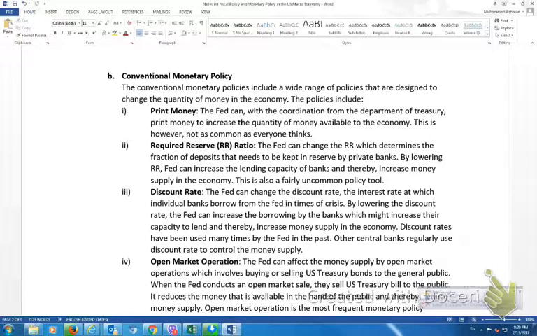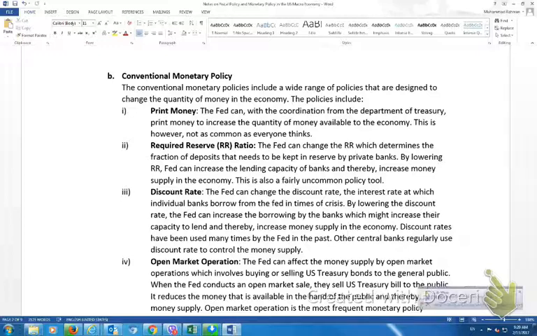The next one is called the discount rate. The Fed can change the discount rate very frequently. The discount rate is basically an interest rate, and this is the rate that the Fed charges whenever private sector banks borrow money from the Fed during liquidity crises. If the Fed lowers this discount rate, banks will borrow more from the Fed.